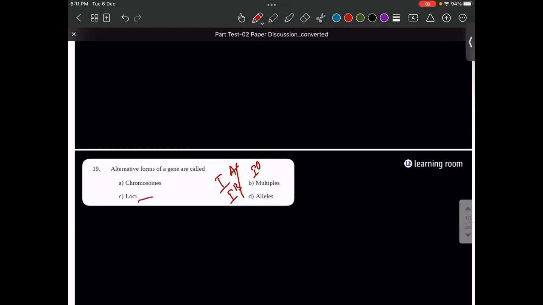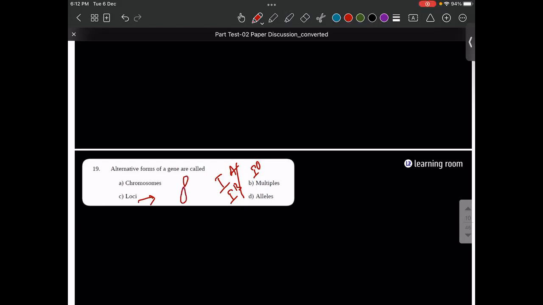What are loci? Loci means the location, the position of genes on a chromosome. Locus means the position of a gene.